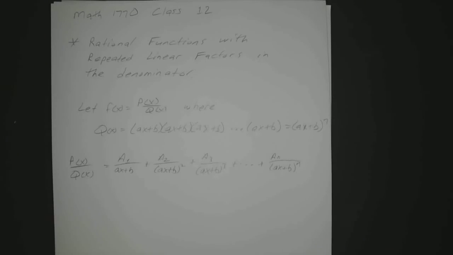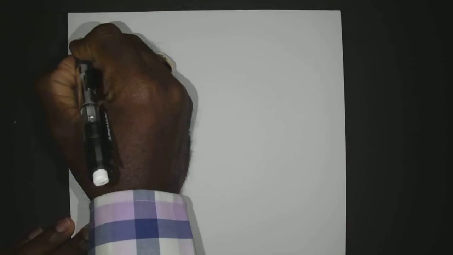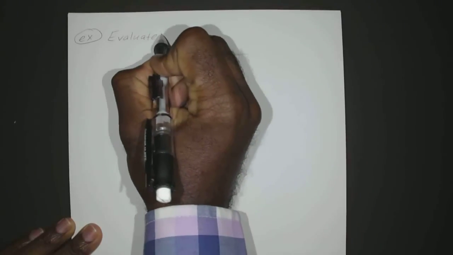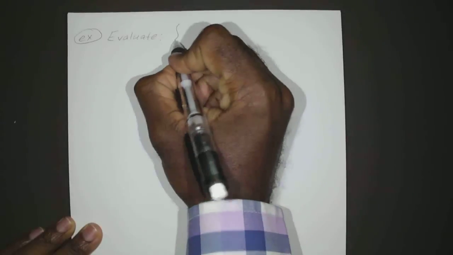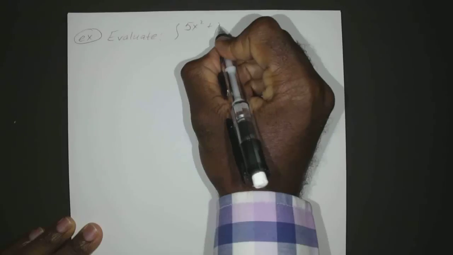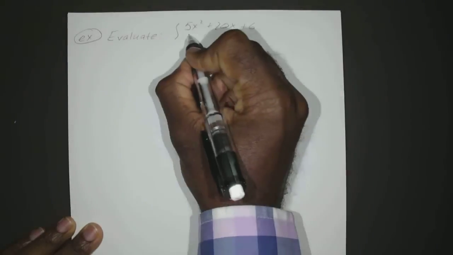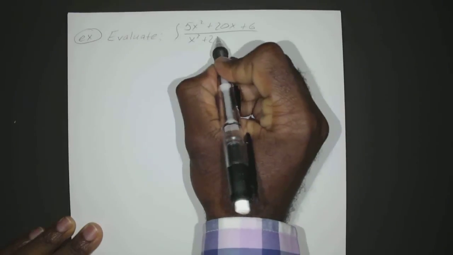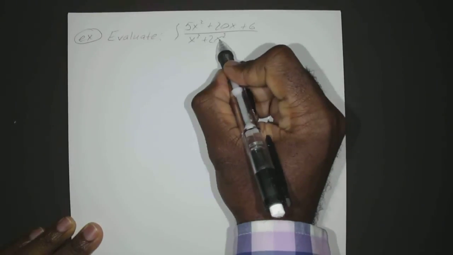All right, so let's say, for example, we wanted to evaluate the integral of 5x squared plus 20x plus 6 all over x to the third plus 2x squared plus x.